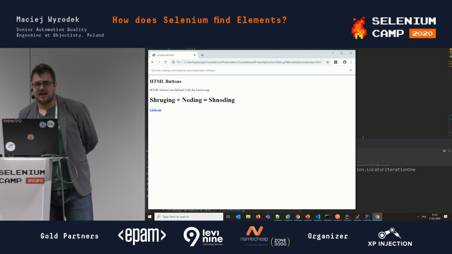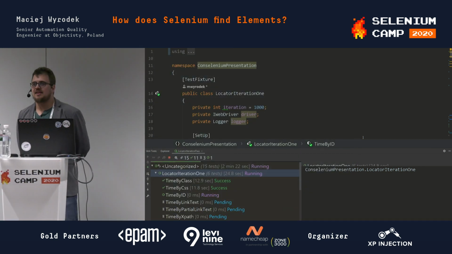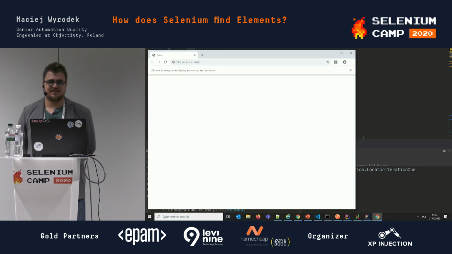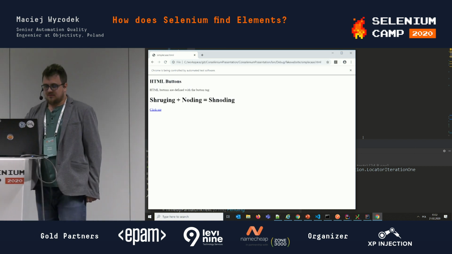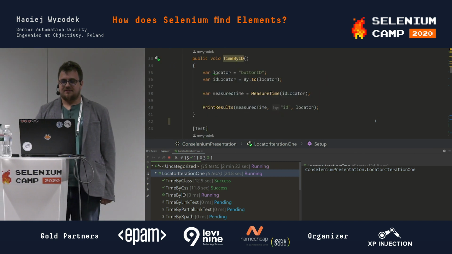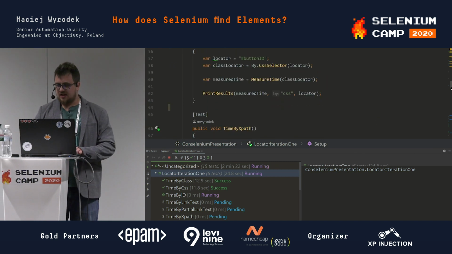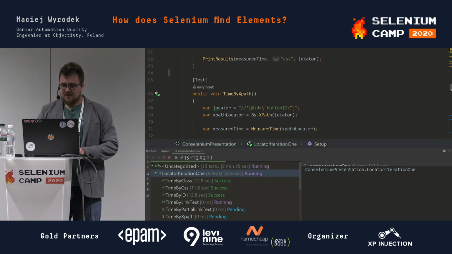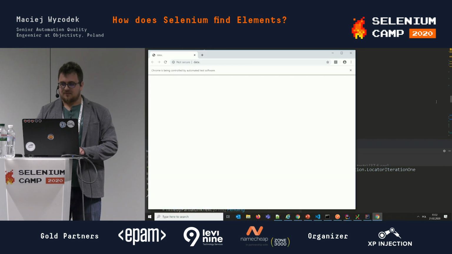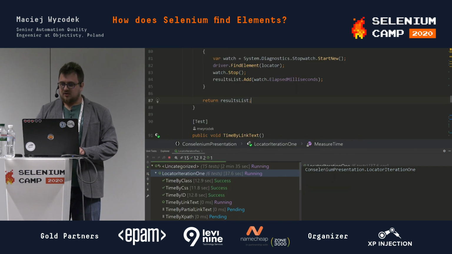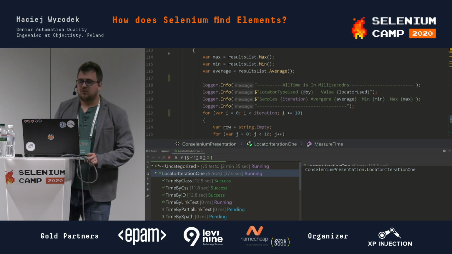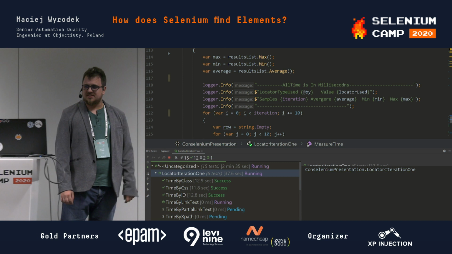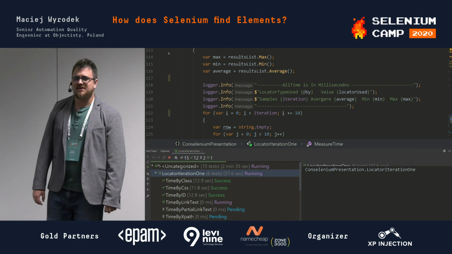Because I hate it, and I'm not going to spend any time working on it if I can avoid it. After I finish collecting my times, I'm doing some calculations and writing them down to log files: what is the average time, what is the minimal time, what is the max time.